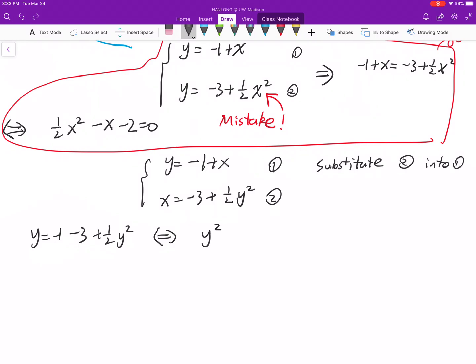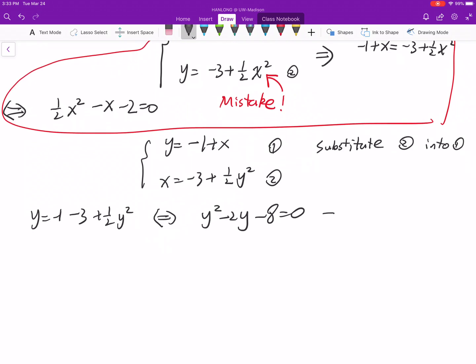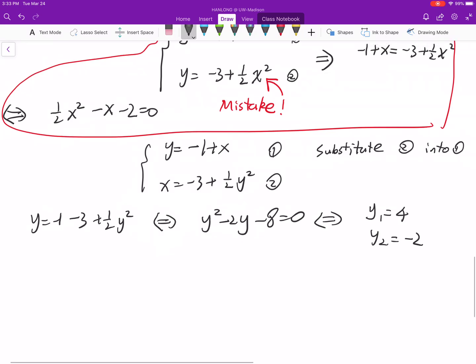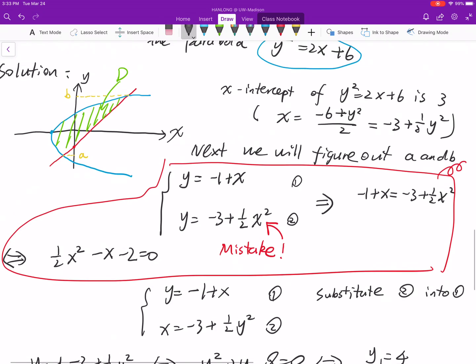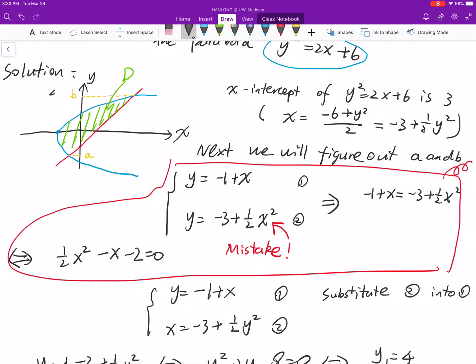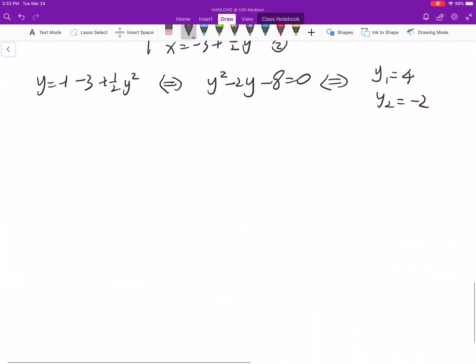You have y squared minus 2y minus 8 equals 0. And then you have two solutions. One is 4, the other one is -2. Okay. Then here, B is 4, A is -2.